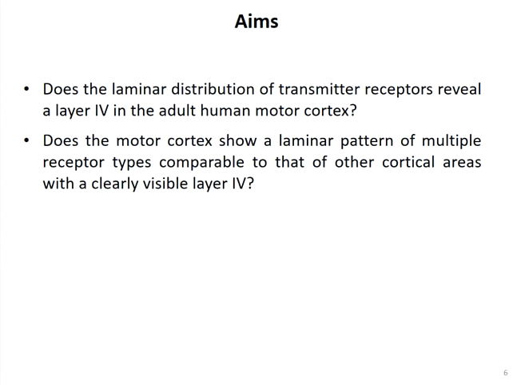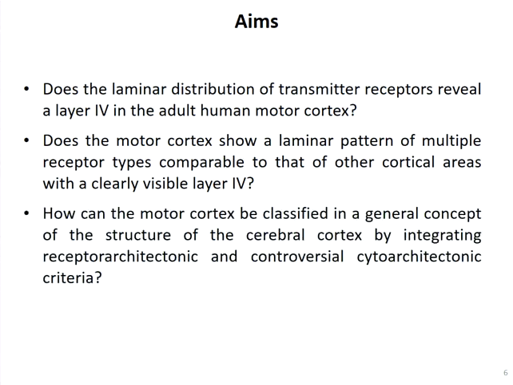Also, if the receptor composition of the motor cortex in general terms is comparable to that of the cortical layers of other isocortical areas. And finally, if all of this information put together can help us classify the motor cortex in a general concept of cortical organization.